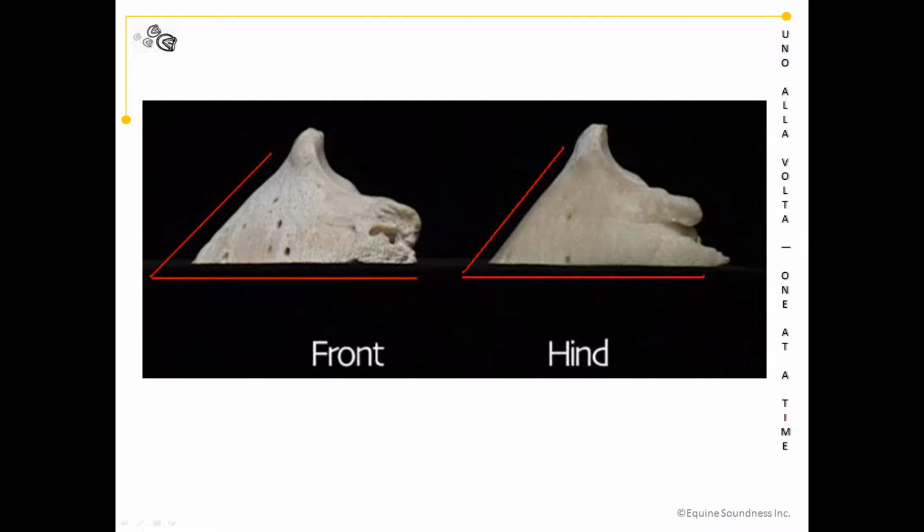In very healthy coffin bones, the frontal surface, the toe surface here, to the ground is in a front foot about 45 degrees. In a hind foot it is about 55 degrees to the ground. In a healthy foot. As I said, we don't see that many of those. So keep this in mind.